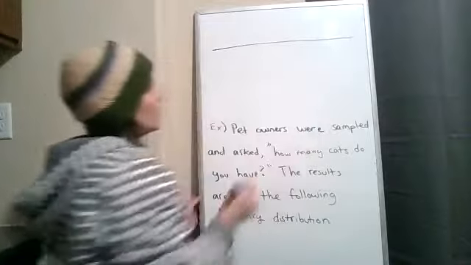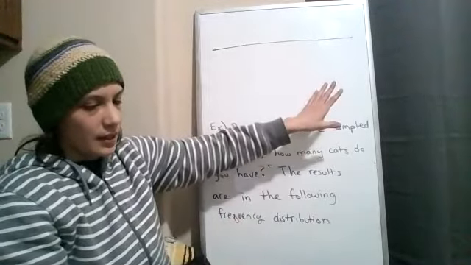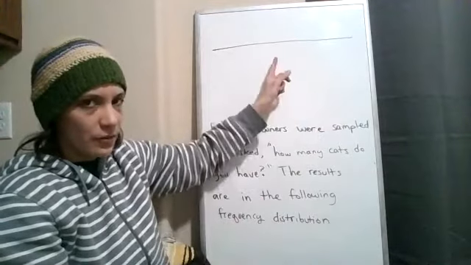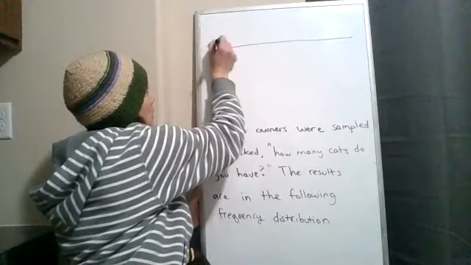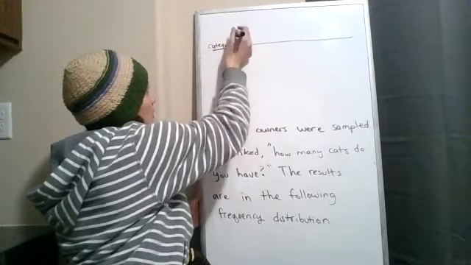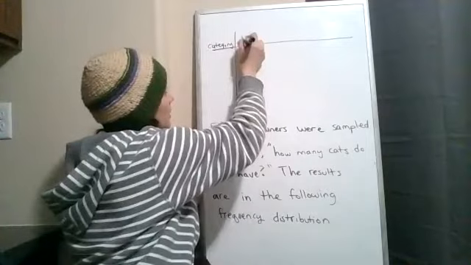So I'm going to put extra space here. What you're given is just a category. We can skip the tally part. Next is frequency.